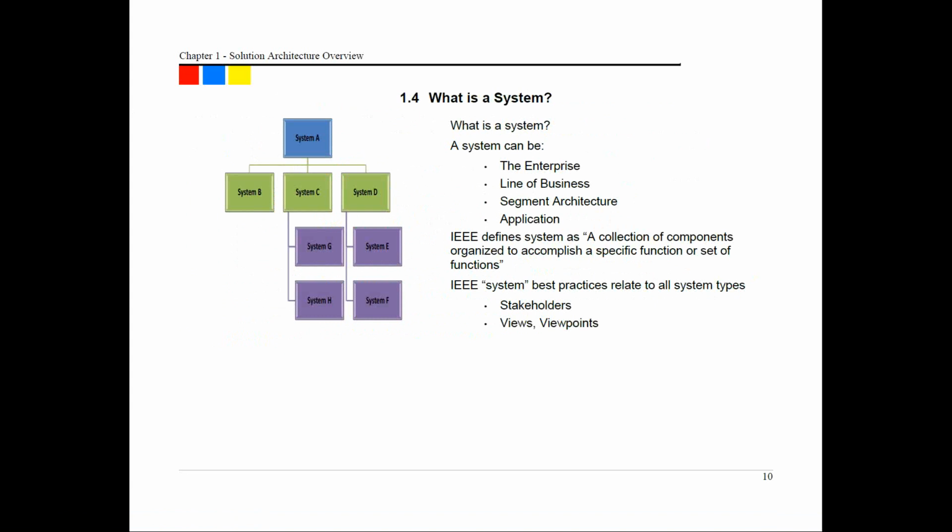The IEEE standard 1471, I believe it is, defines a system as a collection of components organized to accomplish a specific function or set of functions. And what does that mean? Well, system practices relate to all system types.